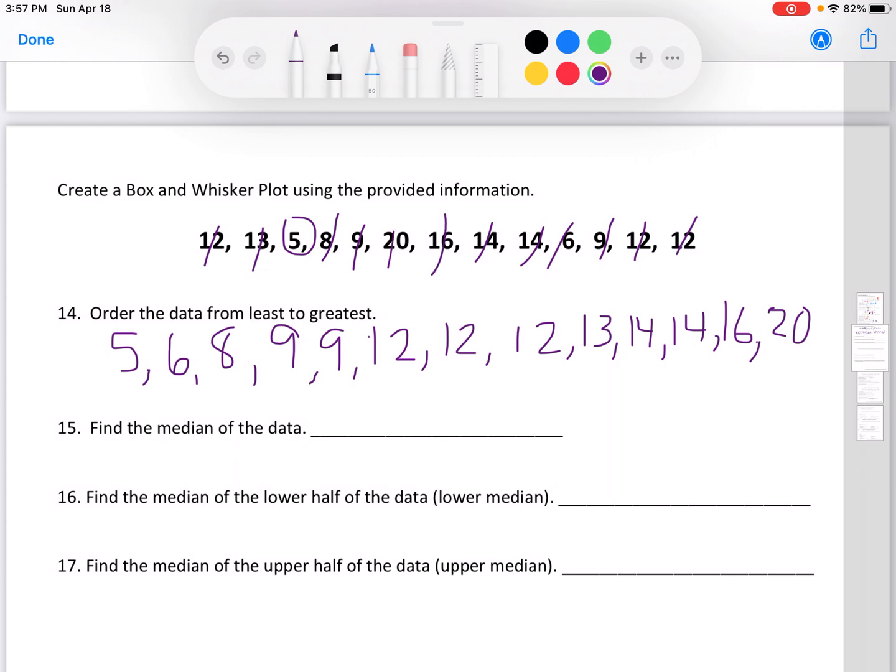And just to make sure I didn't miss any numbers, I always double count. So I have 13 numbers in my data set, and 13 numbers that I rewrote. That's super important. So I'm going to find the median.